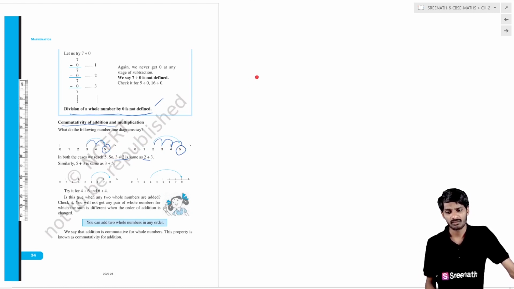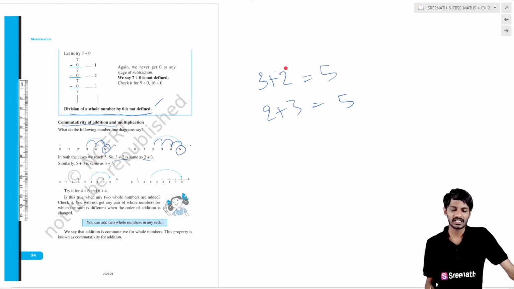First you added 3 to 2 and got 5, and in this case you added 2 to 3 and got 5. So even though you have interchanged the numbers, the answer is the same. We call this commutative. You can add any two whole numbers in any order.